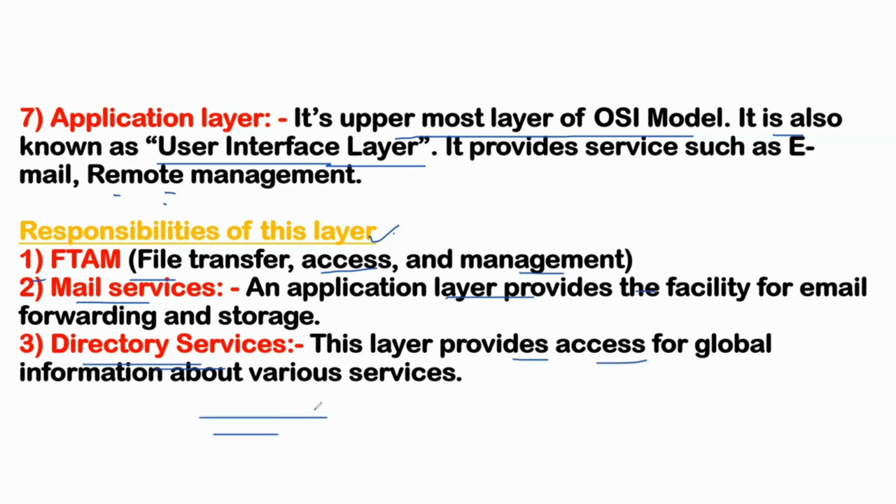For example, Google Drive and OneDrive: via the internet we can use directory services. On Google Drive you have 15 GB of storage available on Google's side, but you use it on your mobile or your system via the internet. This is called directory services.